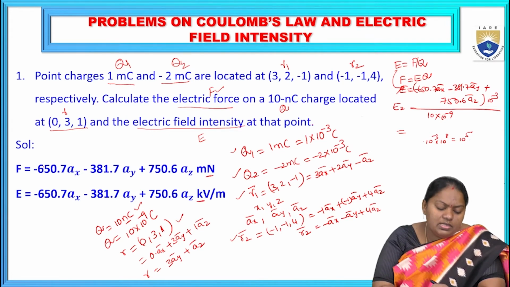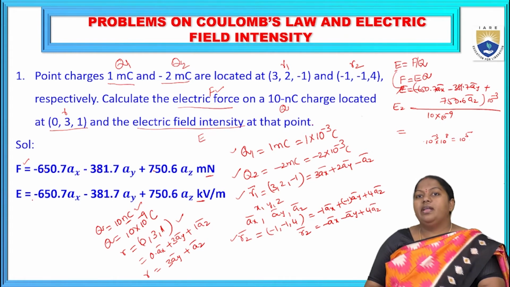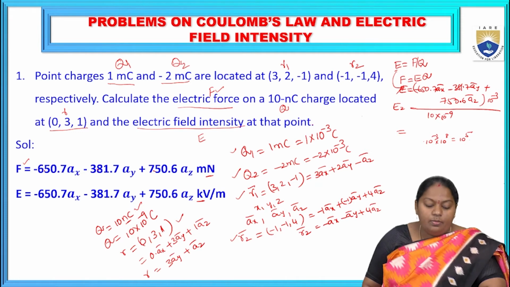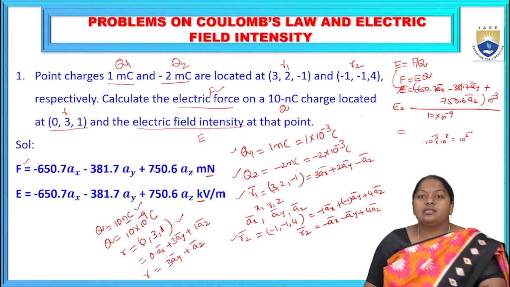So previously F was 6.507 ax, then 3.817 ay plus 7.506 az millinewtons. And from this, we have evaluated the electric field intensity as E equal to minus 650.7 ax minus 381.7 ay plus 750.6 az kilovolt per meter.